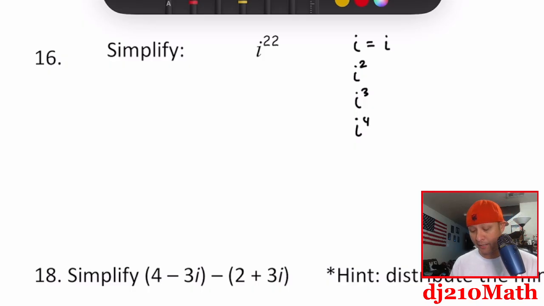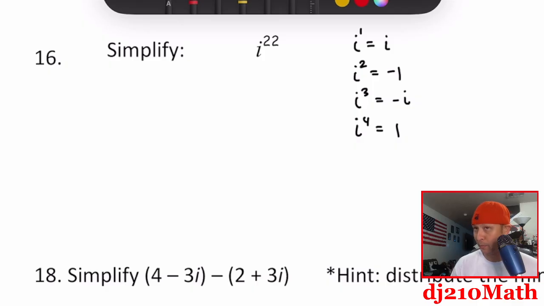So i to the first power is i. i to the second power is negative 1. i to the third power, negative i. And then i to the fourth power is positive 1. Then the list repeats. i to the fifth power would be i. i to the sixth power would be negative 1, right? It just keeps cycling through.